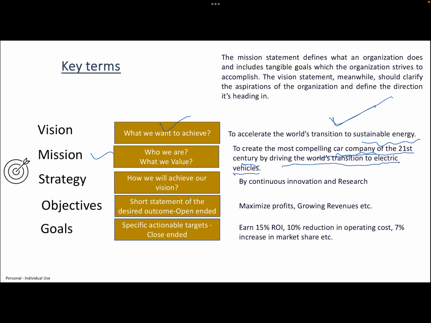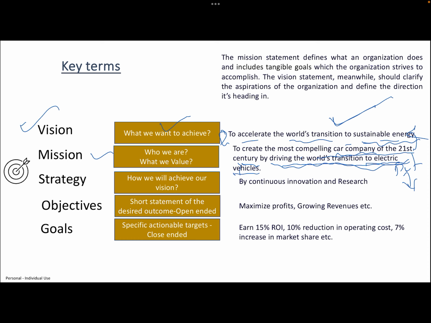What we value? We will do it by driving the world's transition to electric vehicles. And with this, we will be achieving our vision also, to accelerate the world's transition to sustainable energy. When we produce electric cars, petroleum consumption will reduce and that automatically moves forward into sustainable energy.